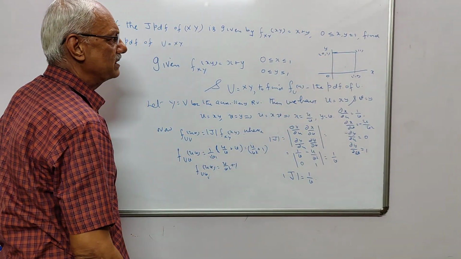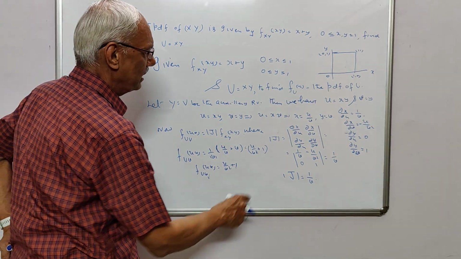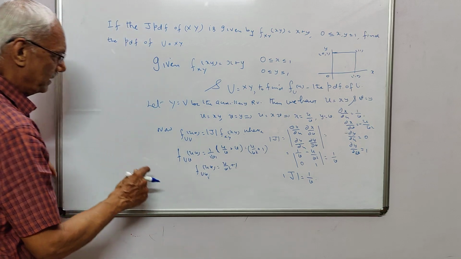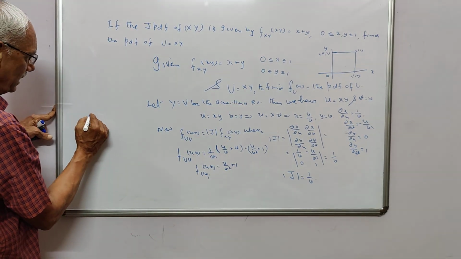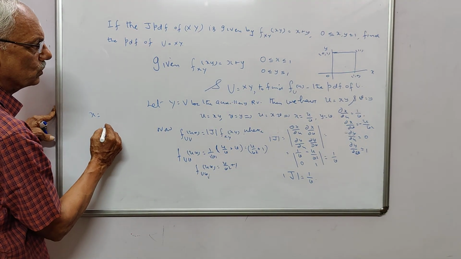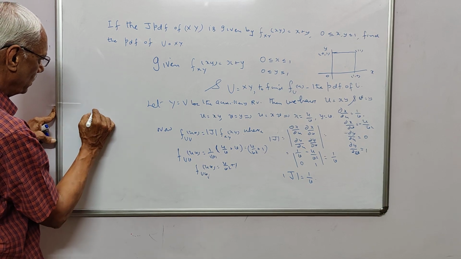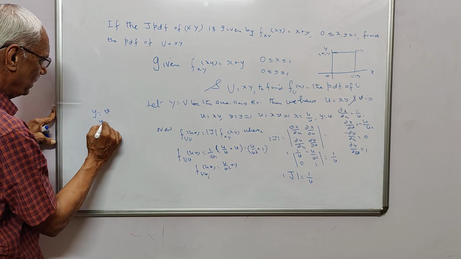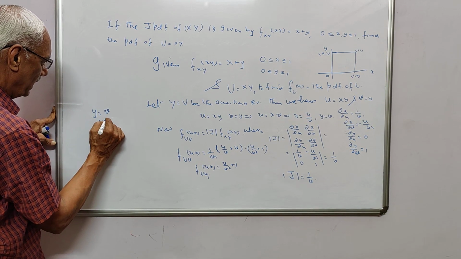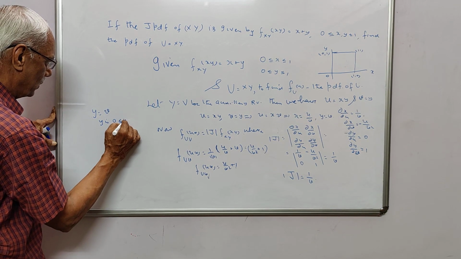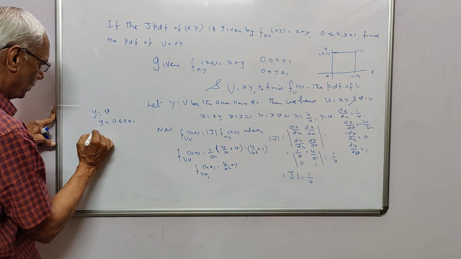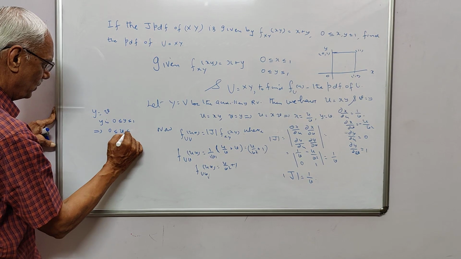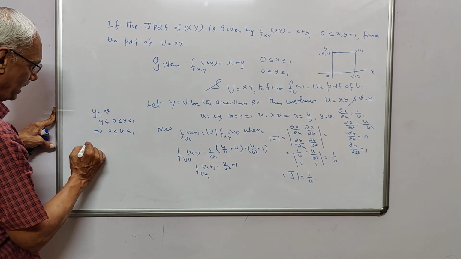This must be defined in some interval. I will explain things here. You see that you have taken y is equal to v. 0 less than or equal to y less than or equal to 1 implies 0 less than or equal to v less than or equal to 1.